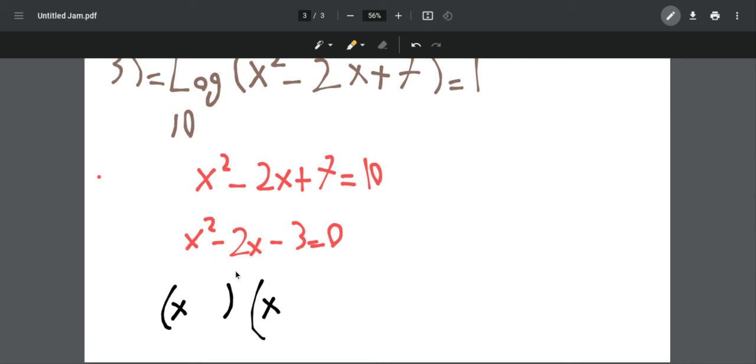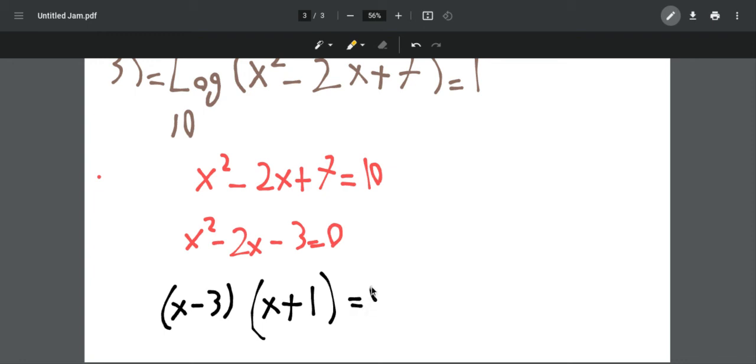And those numbers are just -3 and 1. So we can put -3 and then +1. And if you check, -3 times 1 is -3, -3 plus 1 is -2. So it's true. And we set it equal to 0.